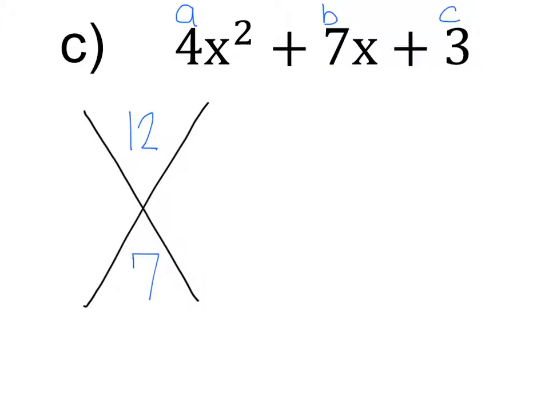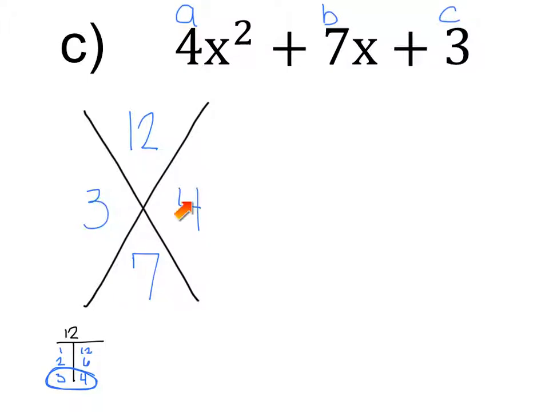B is by itself on bottom. What factors of 12 add to get 7? 1 and 12, 2 and 6, 3 and 4. There it is, 3 and 4.